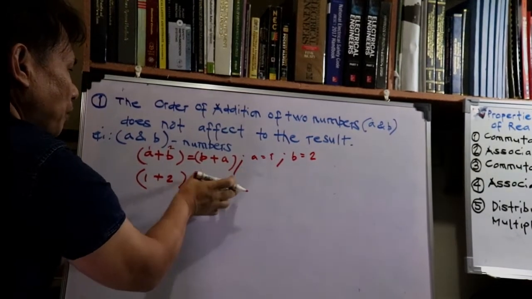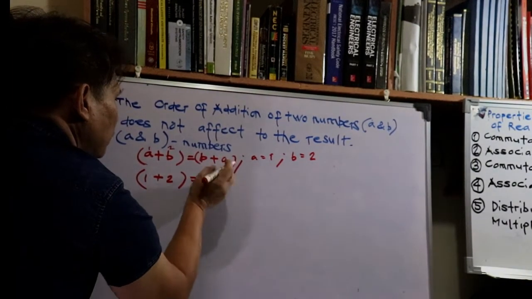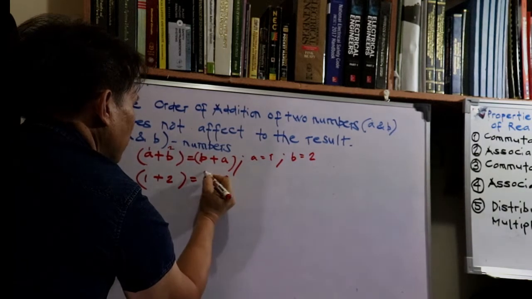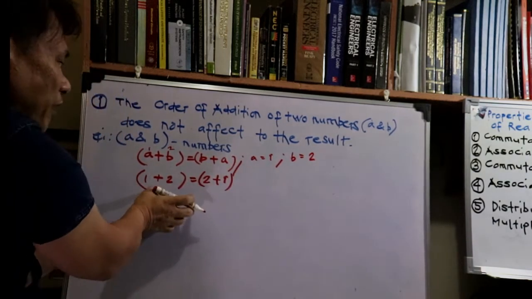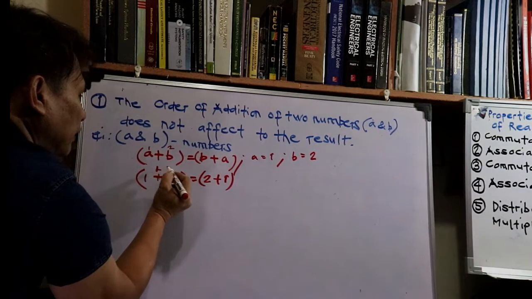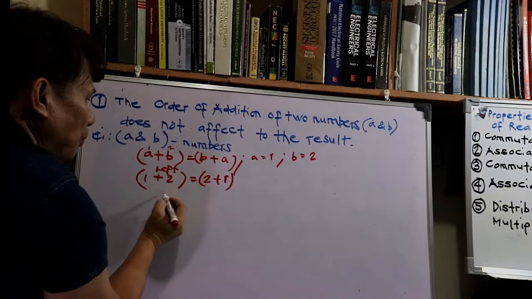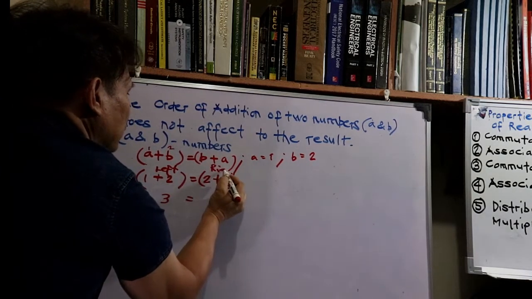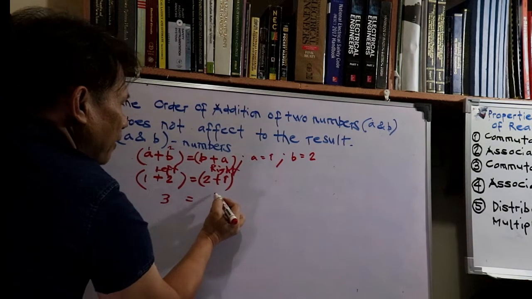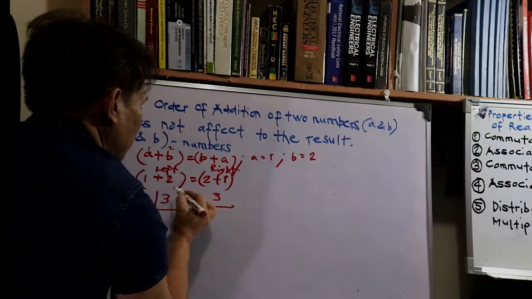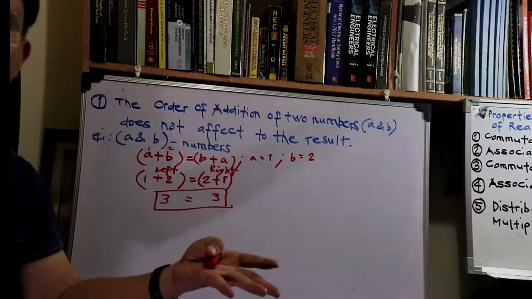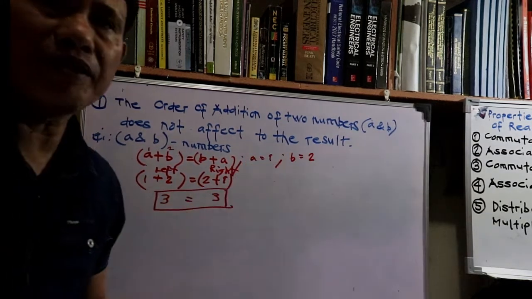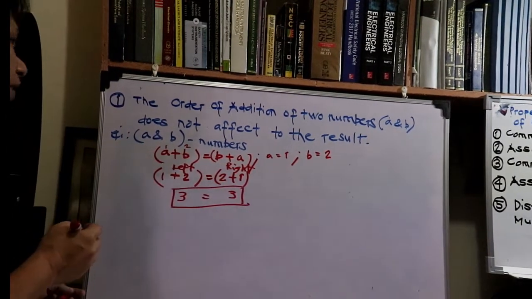Now, for B, we have 2 plus 1. Now, the result of 1 plus 2 on the left side is 3. On my right side, we have 3. You see? This is the commutative property of addition. Okay?